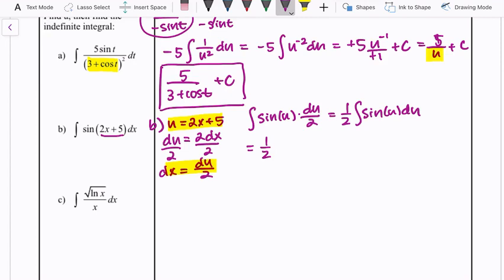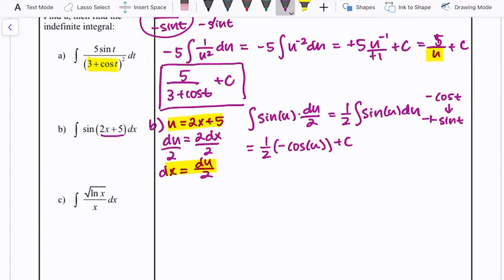Well, I know that the derivative of cosine of t gives me a negative sine of t. So if I were to make that a negative cosine of t, its derivative would be negative sine of t, which would end up making it positive. So sine of u's antiderivative is going to be negative cosine of u. Then we've got to end on that plus c.